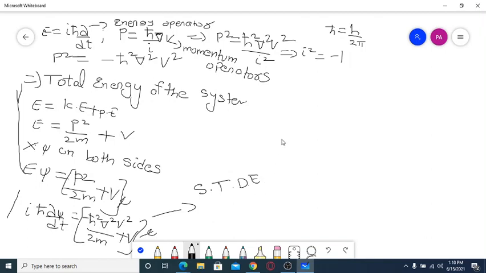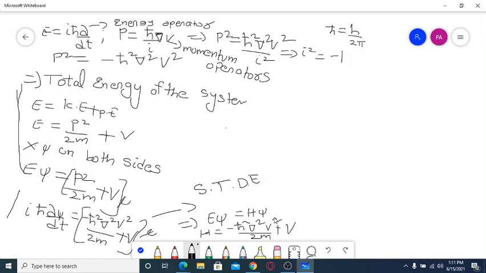The Schrodinger equation can also be written as H psi equal to E psi, where H is the Hamiltonian, minus h bar square ∇ square by 2m plus V. Just remember this.